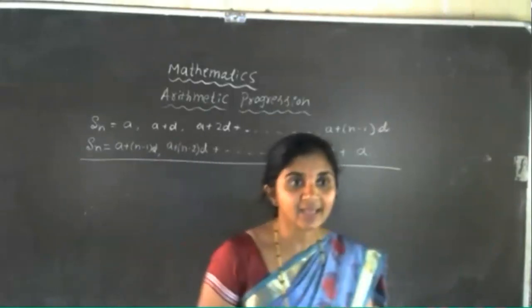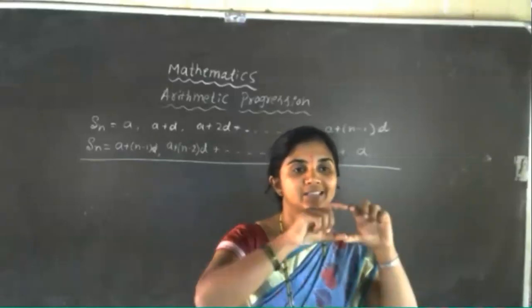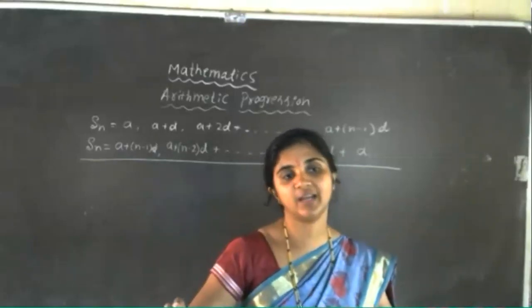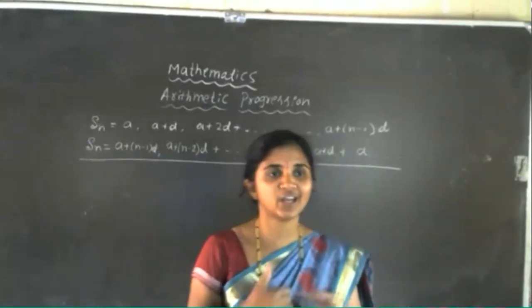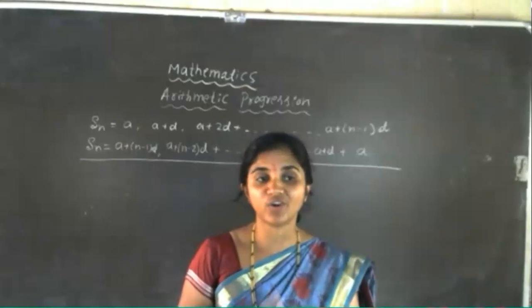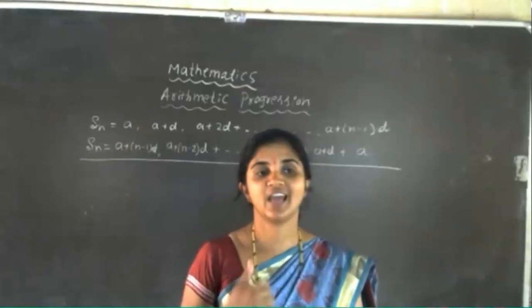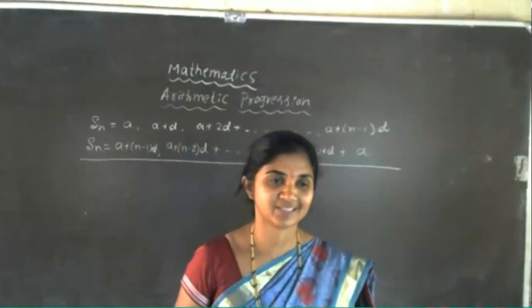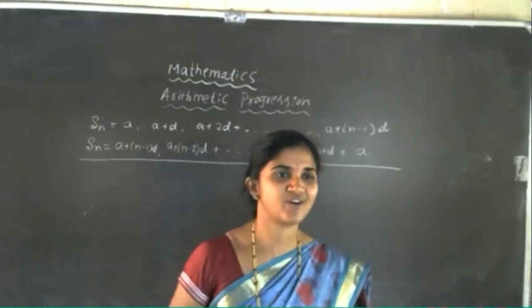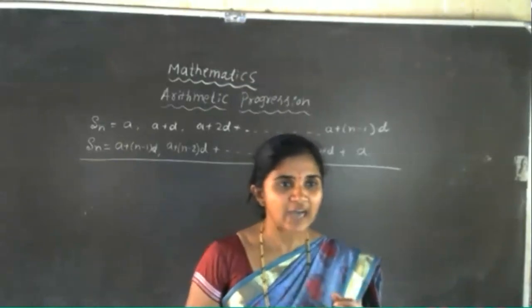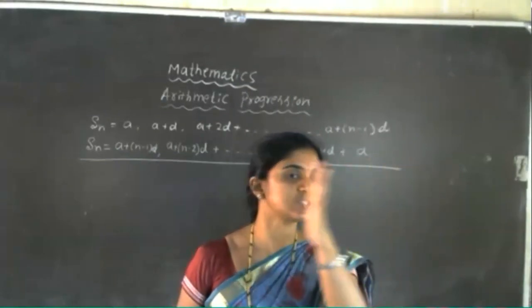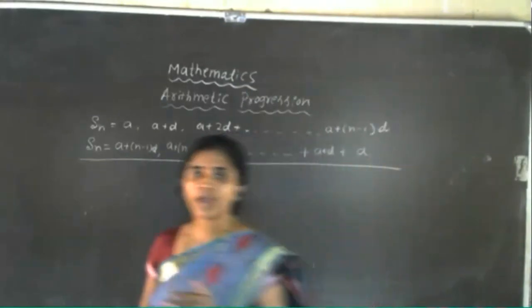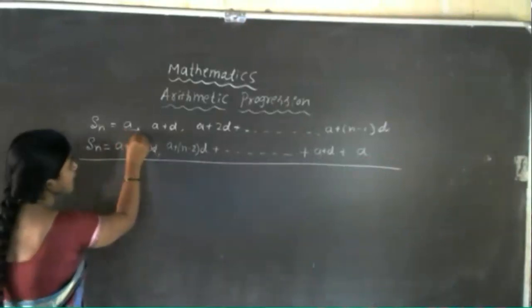So if we apply the same Gauss technique to our AP form, what general form do we get to find the sum of n natural numbers, not only natural numbers, the sum of n terms of an AP? Instead of taking 1 plus 2 plus 3 and so on up to 100, now we have to take the general form of the AP.